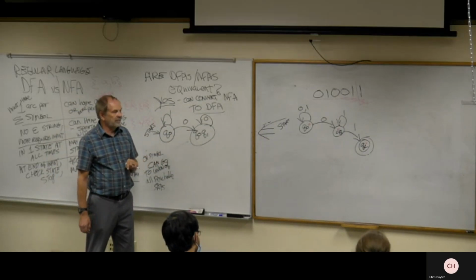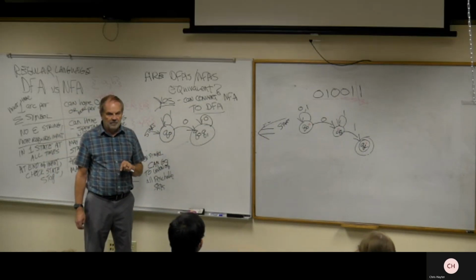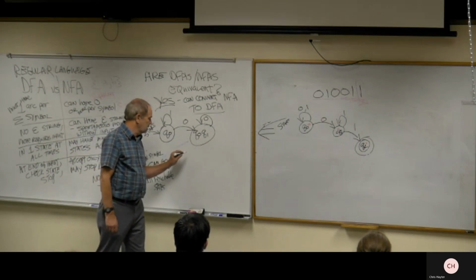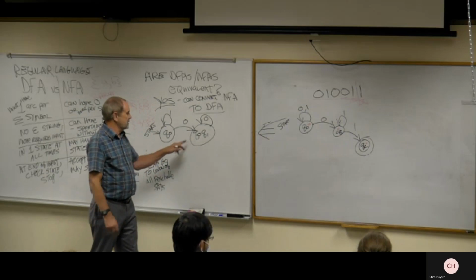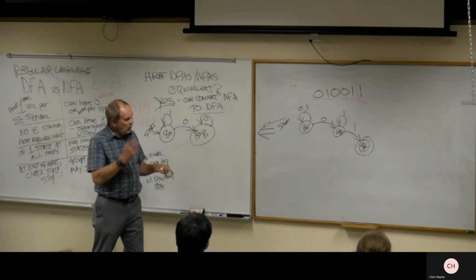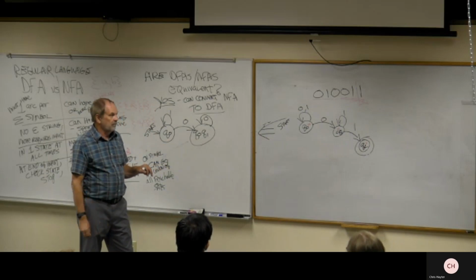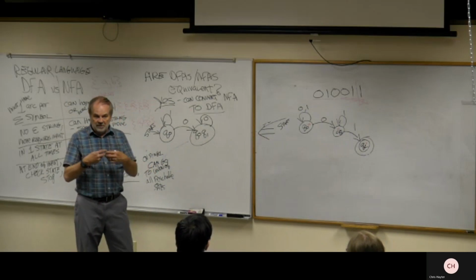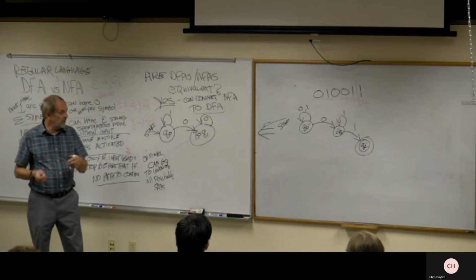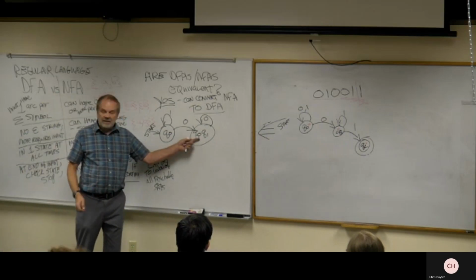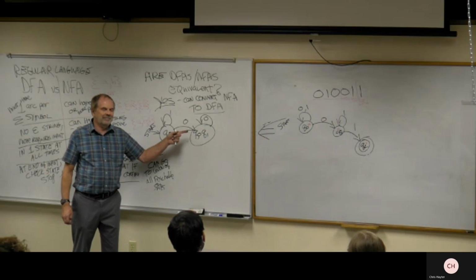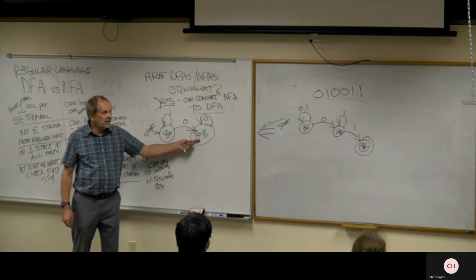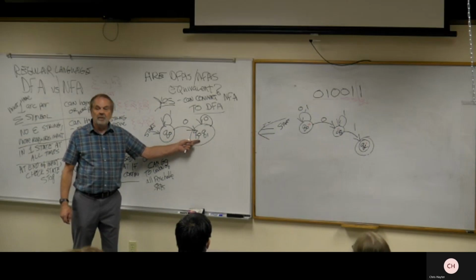So we have to take the union of both of those: all the places I can get from Q0 on a 1, which is Q0, union with all the places I can get from Q1 on a 1, which is Q1, Q2. So that's going to give me a new set of places to go. This is Q0, Q1, Q2.